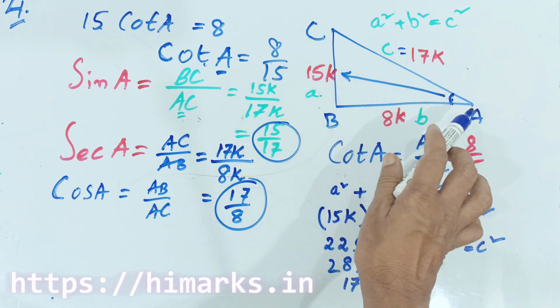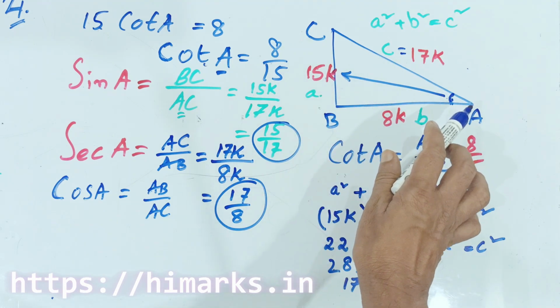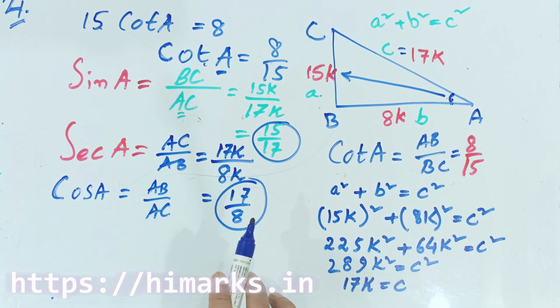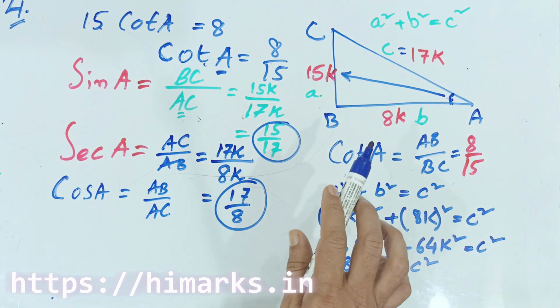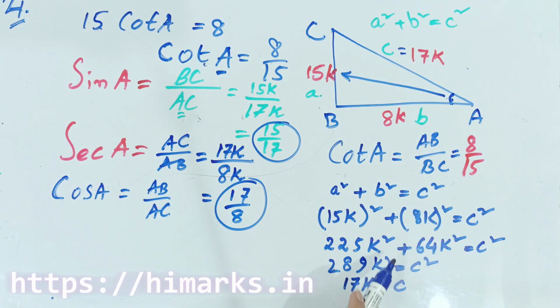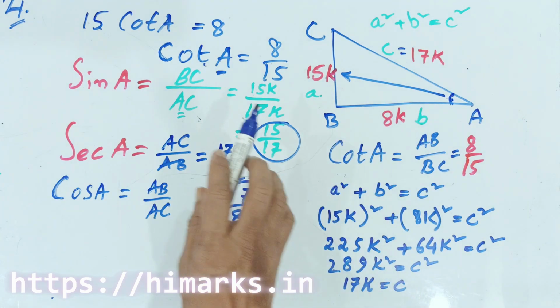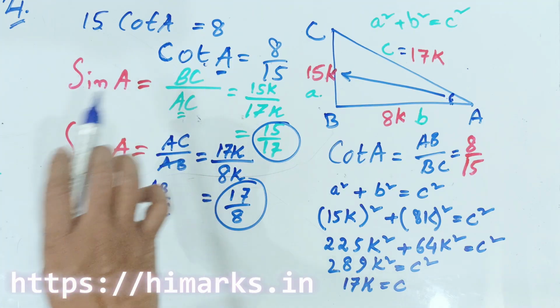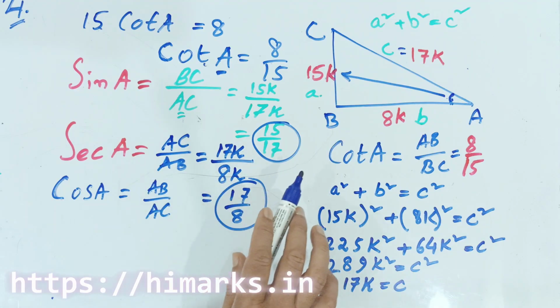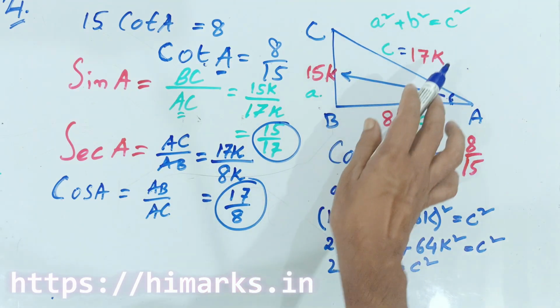Here the hypotenuse was not given, so using the Pythagoras equation, this calculation is very important. After finding the hypotenuse, you can find sin A, cos A, tan A, sec A, any ratios once you know the three sides.